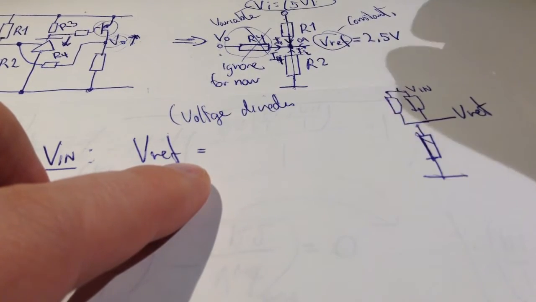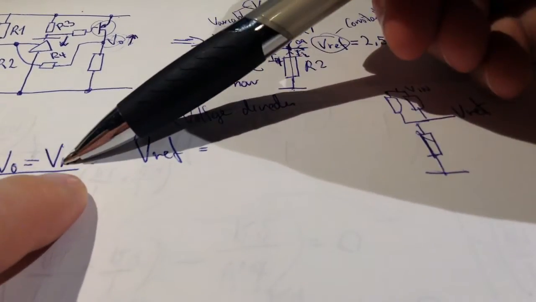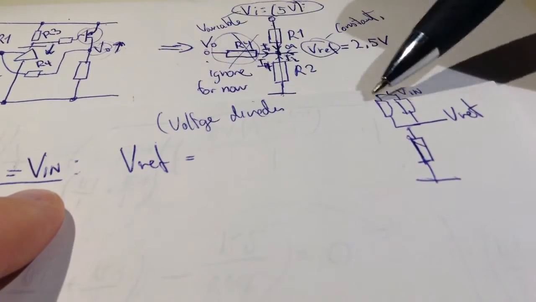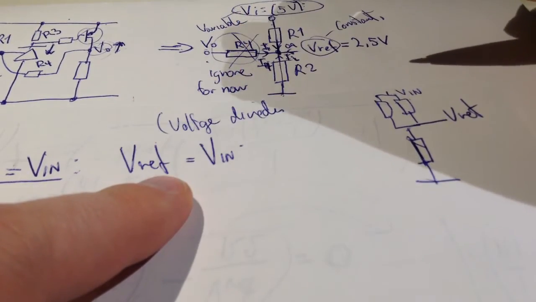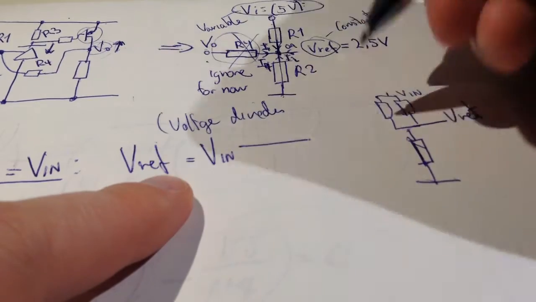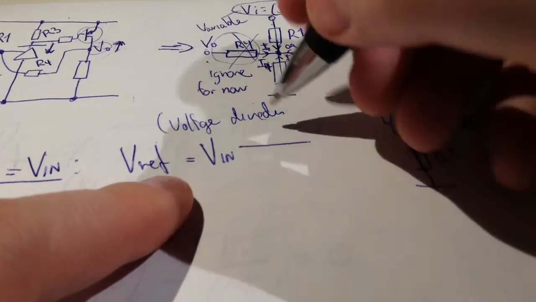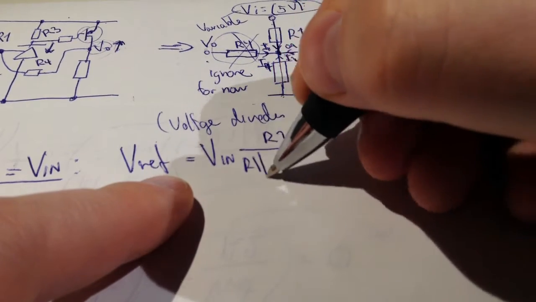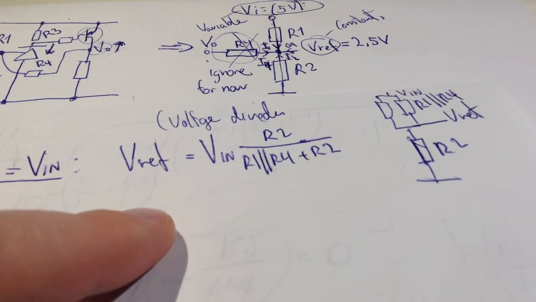So V in is V out. So the VREF, that's the output of the voltage divider. So we can look at R4 as in parallel with R1, as you can see. And that's only for this condition, and it will be different for the other condition.